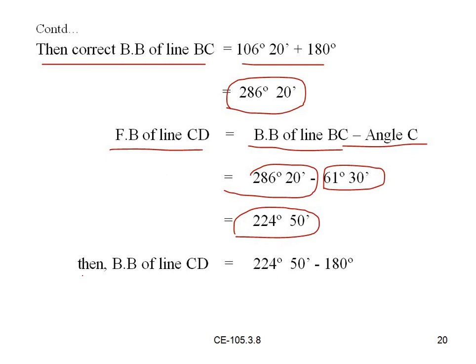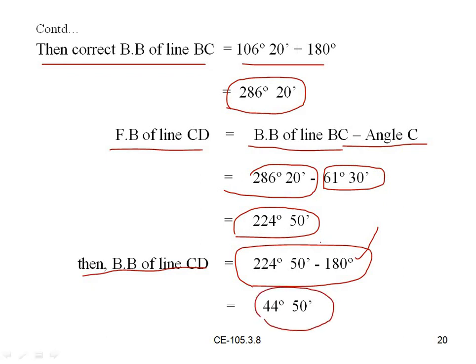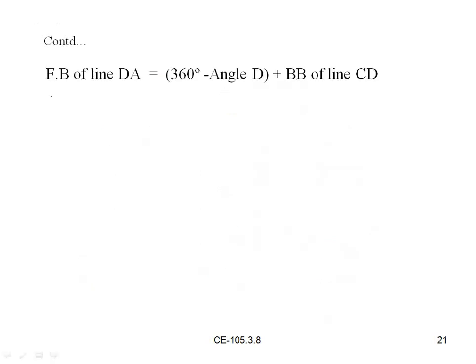So finally, the back bearing of line CD is equal to 224 degrees 50 minutes minus 180 degrees. Why are we subtracting 180 degrees? Because the answer we have got is more than 180 degrees. So we will get 44 degrees 50 minutes. Finally, the forward bearing of line DA is equal to 360 degrees minus angle D plus the back bearing of line CD.